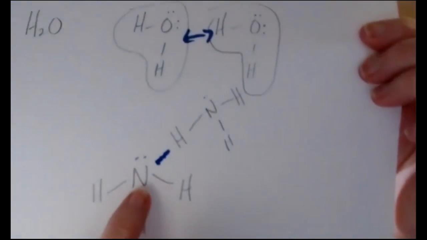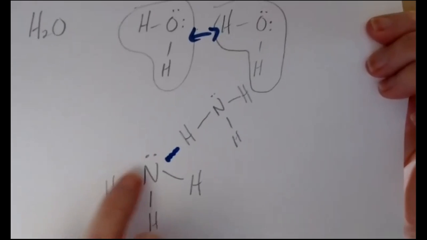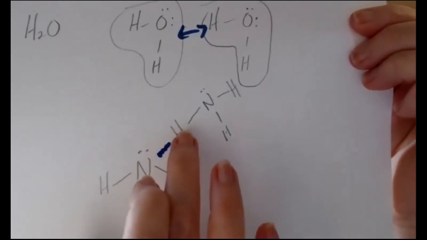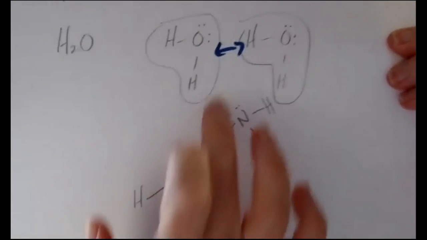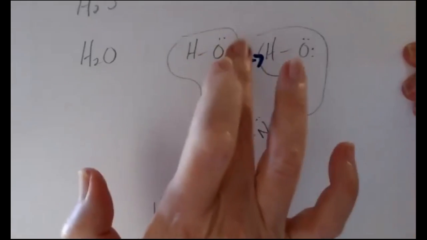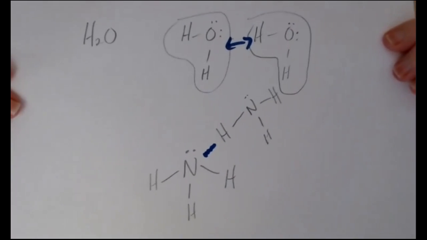The hydrogen bond, hold on, again I'm going to use my little blue squiggle. The nitrogen of one molecule will hydrogen bond with the hydrogen of its neighbor. That blue line and this blue line are the hydrogen bonds.